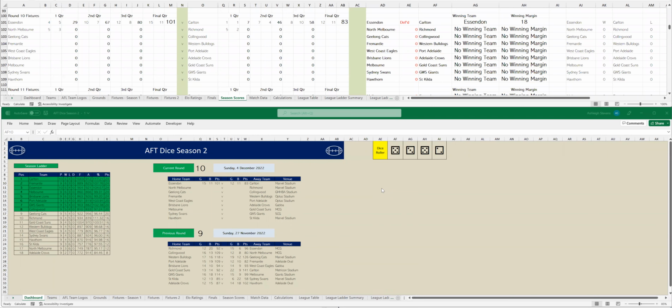All right, let's go to the second quarter. North Melbourne are in front by 1 point at quarter time.